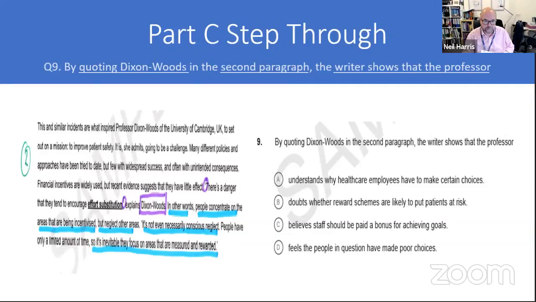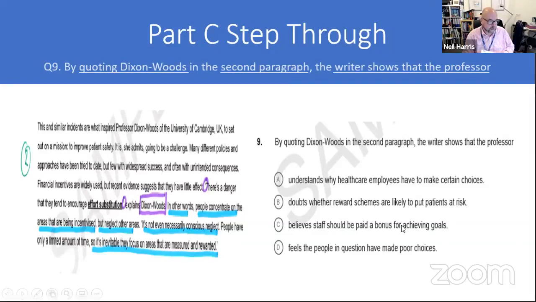We do have the word danger, that they tend to encourage effort substitution. But the effort substitution refers to the behavior of the healthcare professionals. There is nothing here about patients at risk. B is not in the text as an answer to this stem. So that would explain why B is wrong.